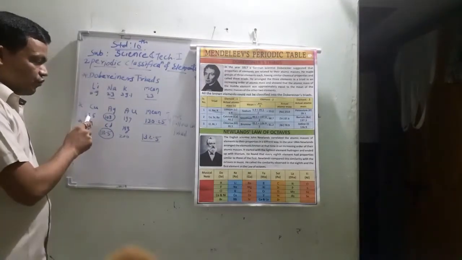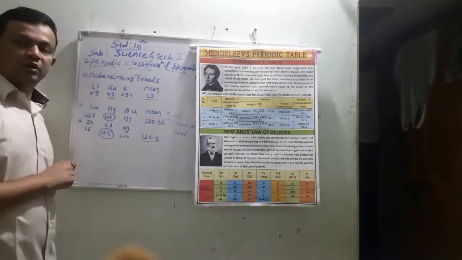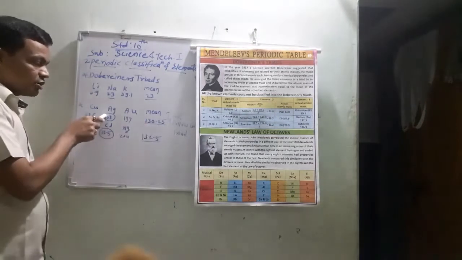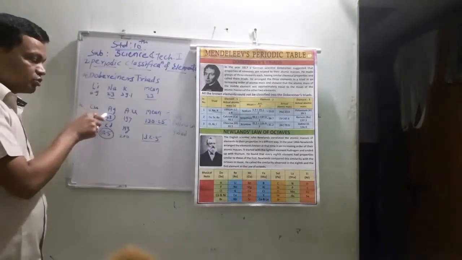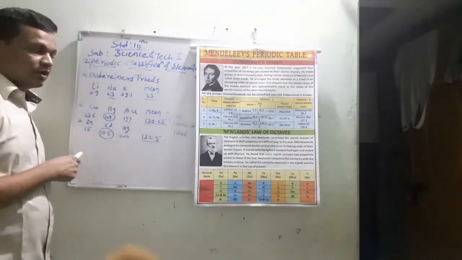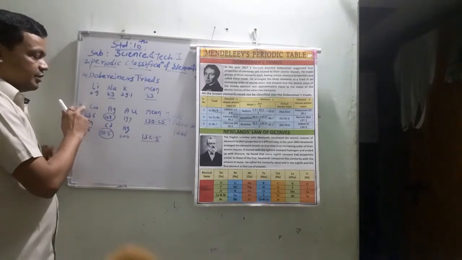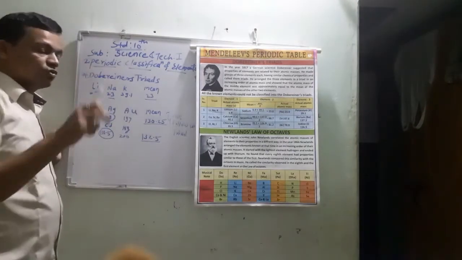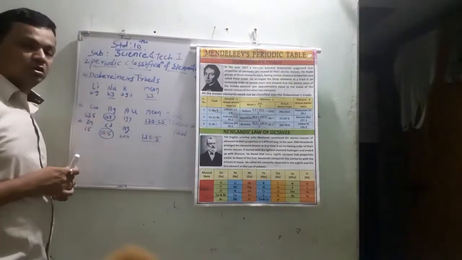If you find the mean of the two outer elements, it comes to 130.25. That is, this mean is not equal to the mass of the middle element, silver, because the atomic mass of silver is 108 and the mean is 130.25. There is a big difference. So this triad, copper, silver and gold, does not follow Dobereiner's law. So it is not a triad.